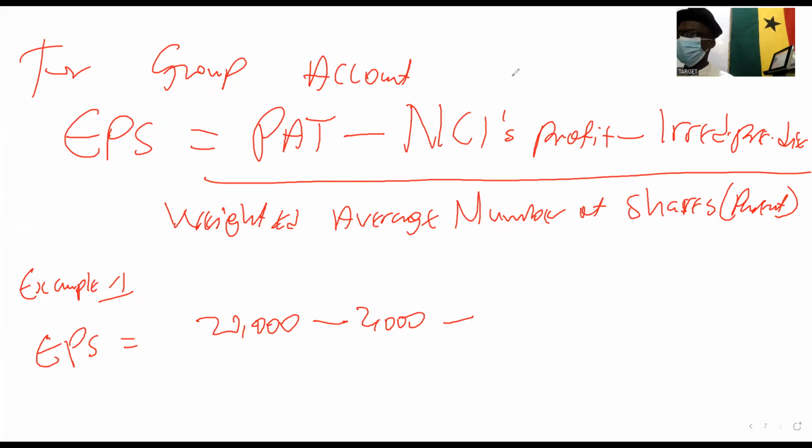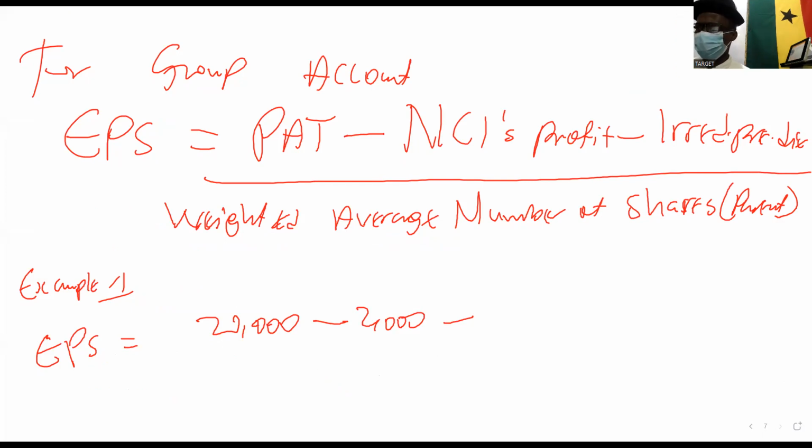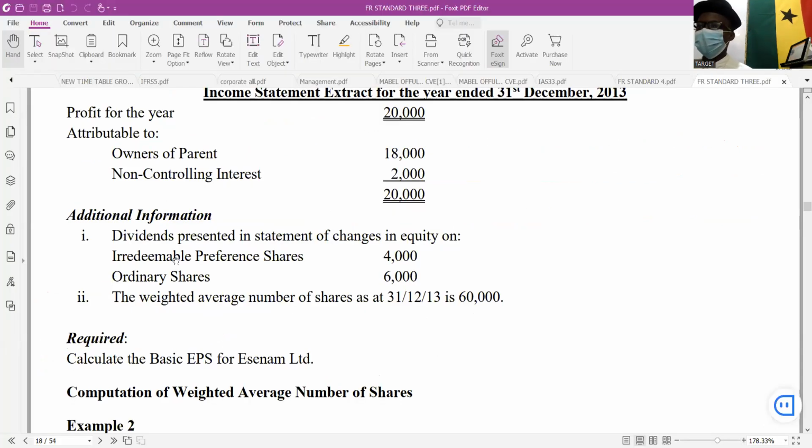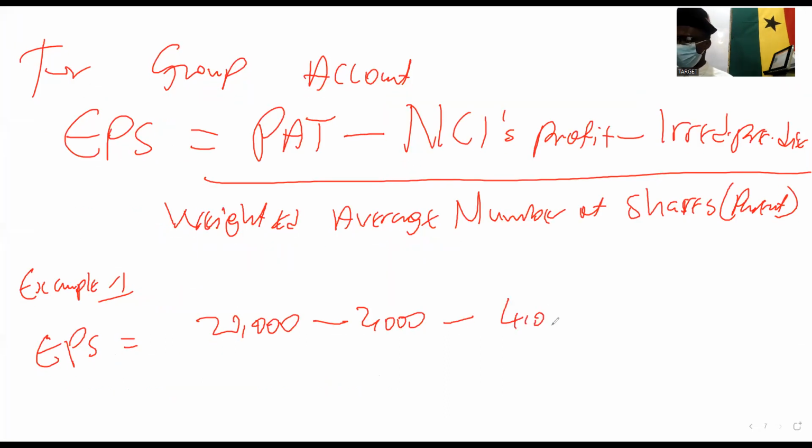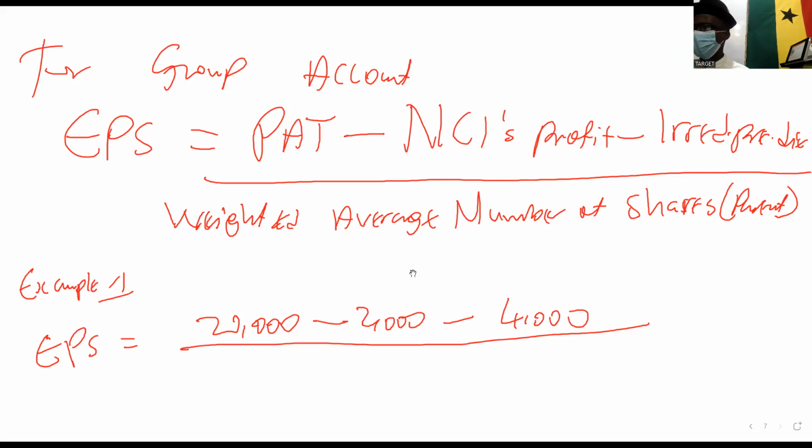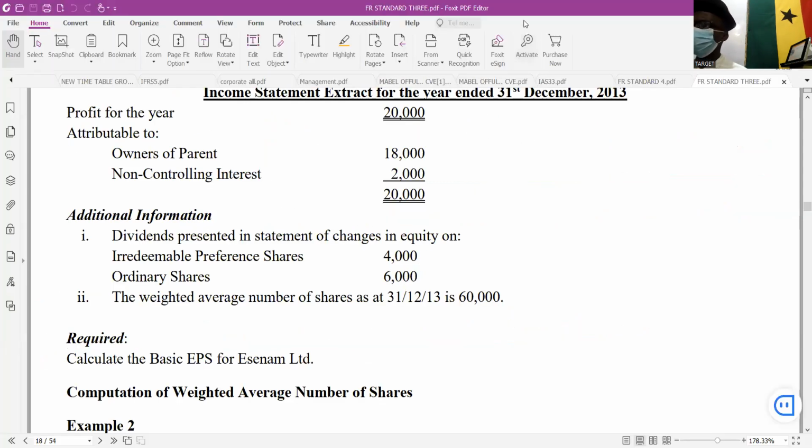Minus irredeemable preference dividend. And I'll explain why we subtract irredeemable preference dividend. Irredeemable preference dividend is 4,000. Please take note it must be irredeemable preference dividend, not the redeemable. I'll explain why it's like that. So minus 4,000, all this divided by the weighted average number of shares, that's 60,000.